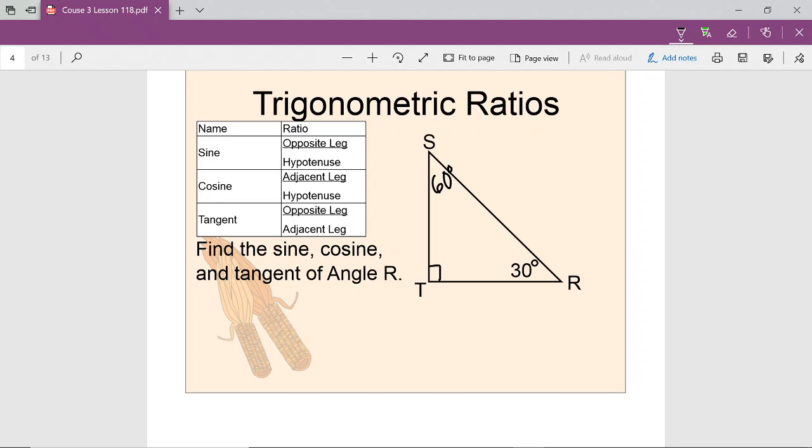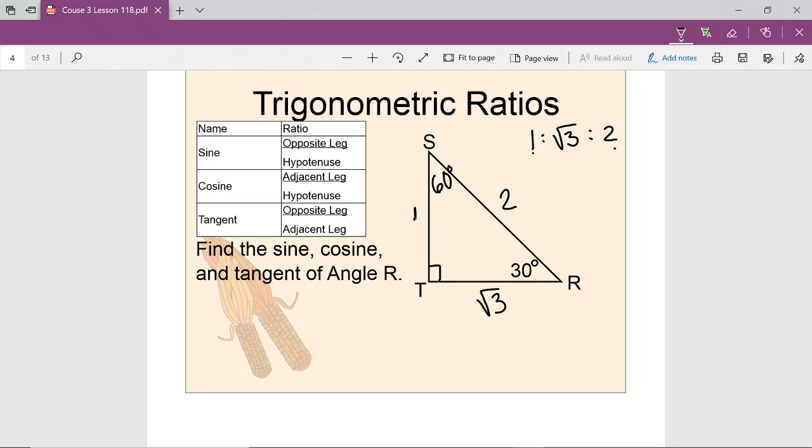Based on the pattern that we've learned in a previous lesson, a 30-60-90 right triangle has a ratio of 1 to √3 to 2, going from smallest leg to longest leg or hypotenuse, which means the smallest leg is across from the smallest angle, so it would be right here. The middle leg is across from the middle angle, so right here is our √3, and across from the 90-degree angle, our hypotenuse, is 2.